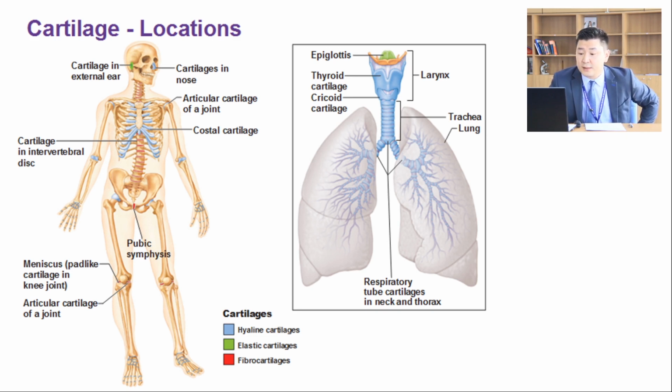Next, elastic cartilage, which is found in the external ear and epiglottis. Next, fibrocartilage, which forms the intervertebral discs and pubic symphysis.